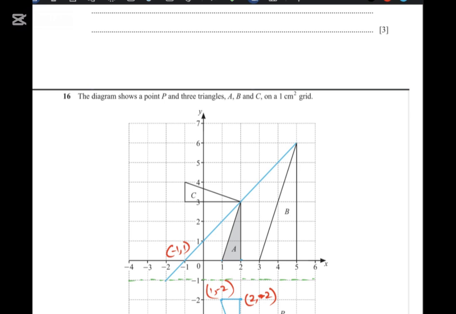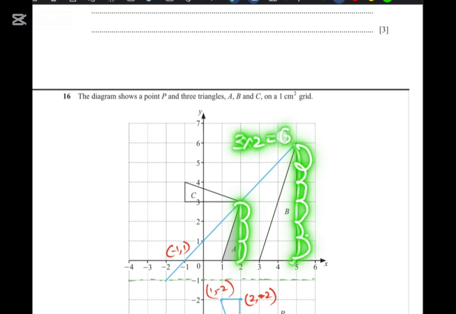Then we'll find out the scale factor. To find the scale factor, you can take any corresponding side like this and count the boxes. It is 1, 2, 3 and this is 1, 2, 3, 4, 5, 6. So 3 and 6 are connected. 3 into 2 is 6, so our scale factor is 2.